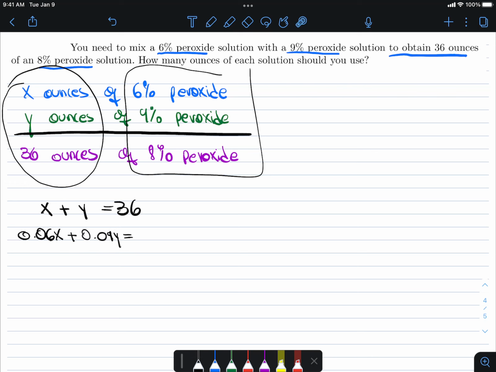That's 9% of y. And then the result had to be 8% of 36, so that's 0.08 times 36. So even though the second one doesn't look great right now, this is my linear system, and the rest from here on out is algebra.